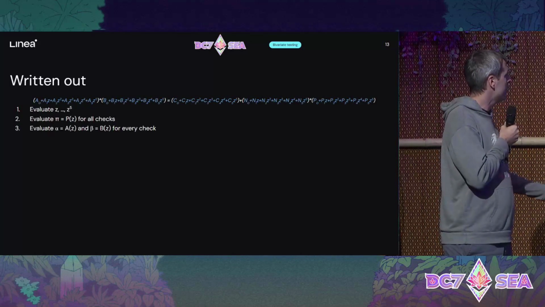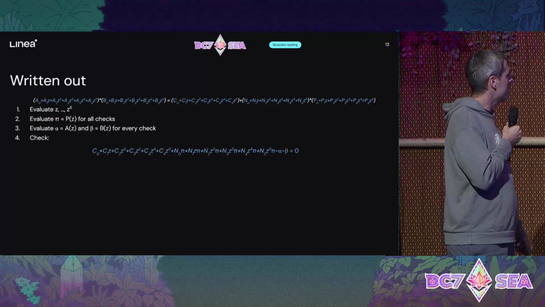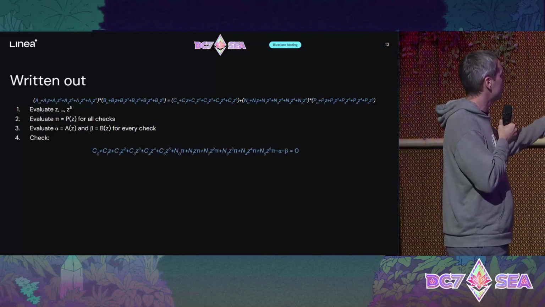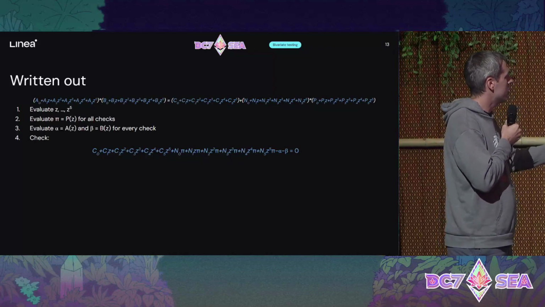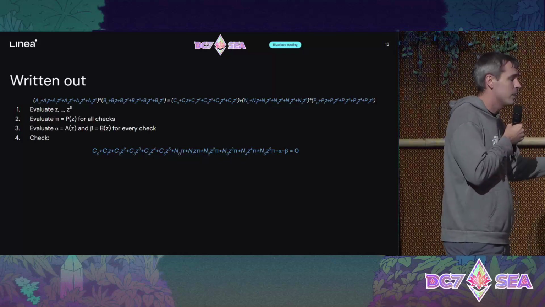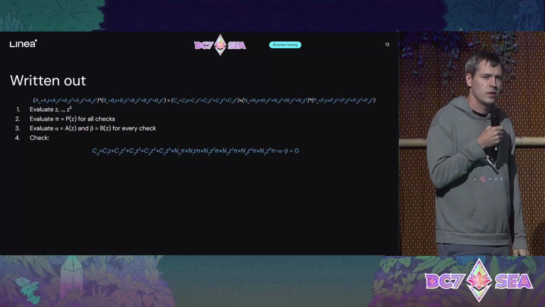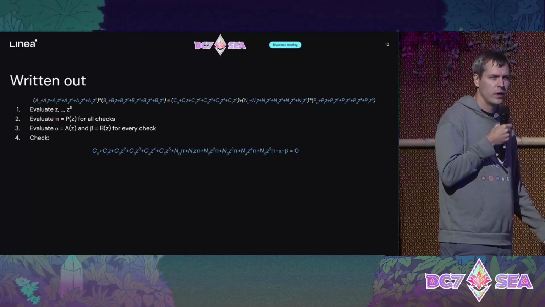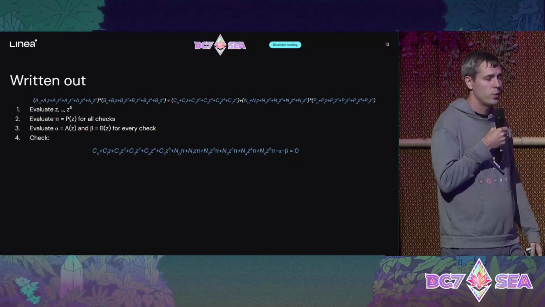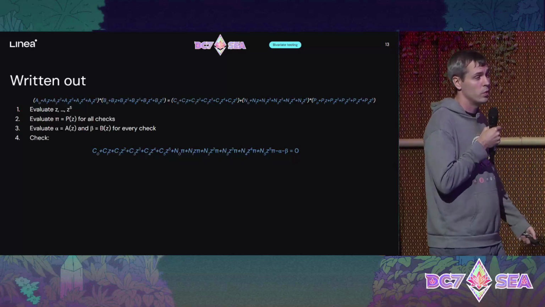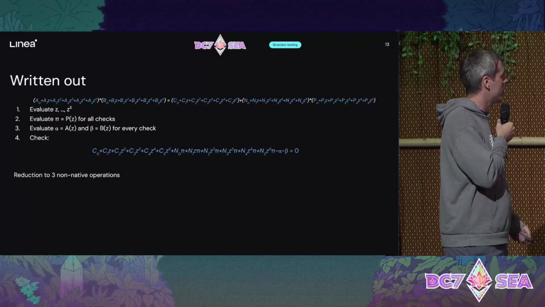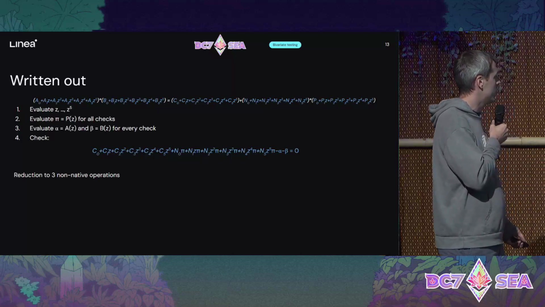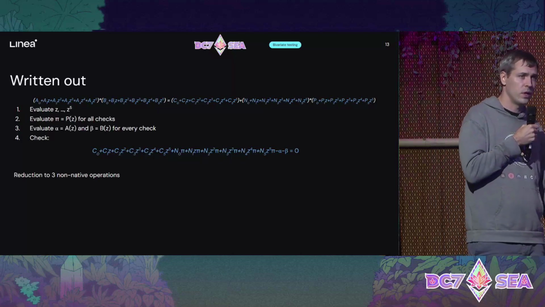We evaluate A and B. And now we check. So we replace this A part, the B part, and also the P part. And now we have this one big thing that we need to evaluate. But this is something we can evaluate with the non-native operation, which corresponds to a single non-native multiplication. And if we count it, on average, if we amortize the P part, then we actually only have a few non-native operations, and this is very efficient.